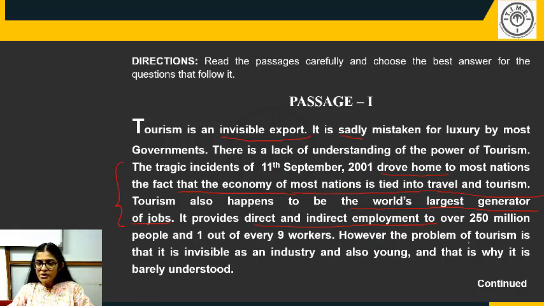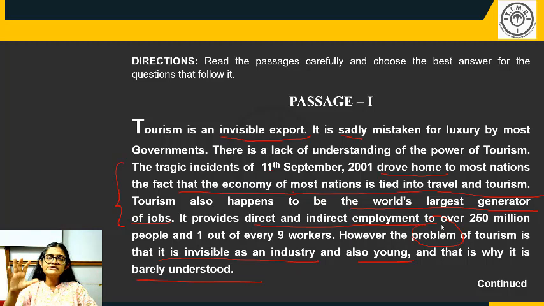However, the problem of tourism is that it is invisible as an industry. They said that here also. It cannot be seen as an export, right? And also young. It is also relatively young. And that is why it is barely understood. So these are the problems of tourism. Okay.